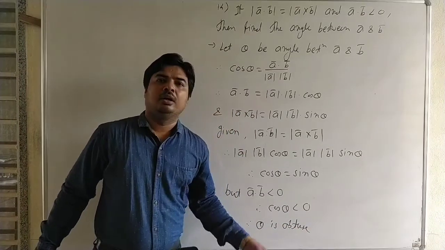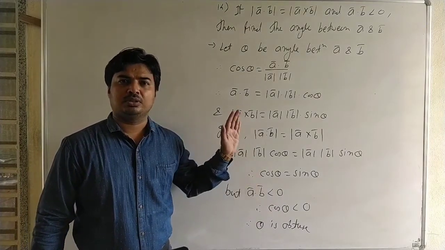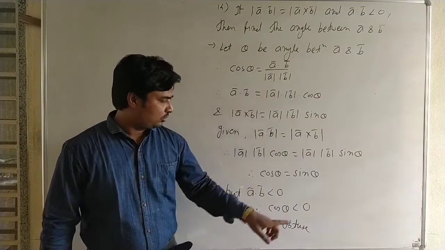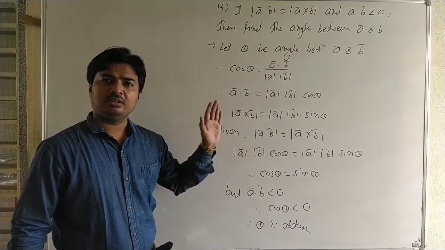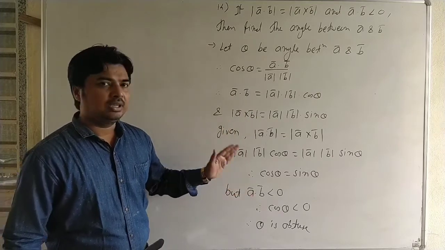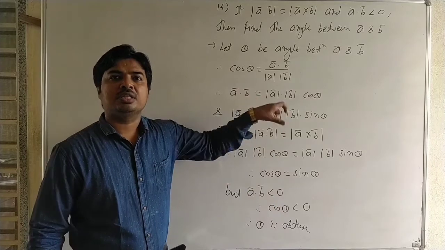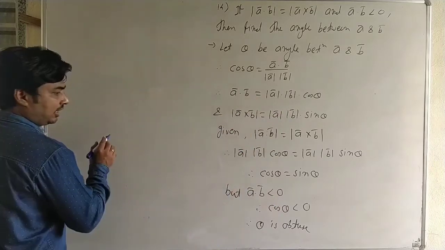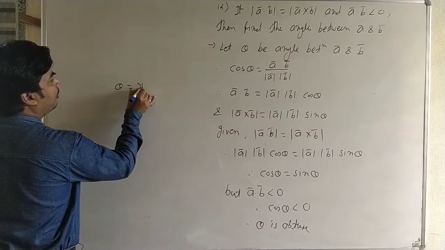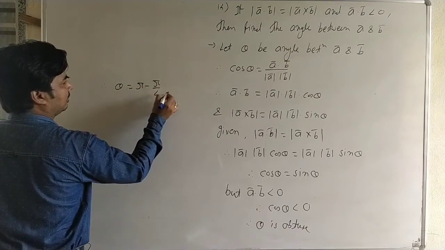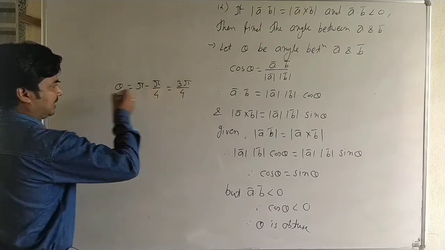And we know from the definition of dot product that theta is between 0 to pi. Cos theta is negative in the second and third quadrant, but the value of theta is less than pi, so we can take theta only in the second quadrant, and therefore theta is equal to pi minus pi by 4, that is 3 pi by 4, and it is the last answer.